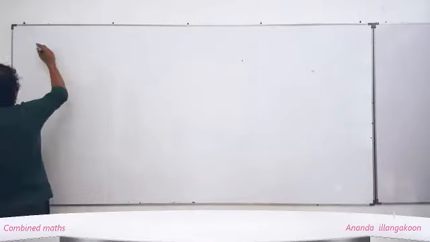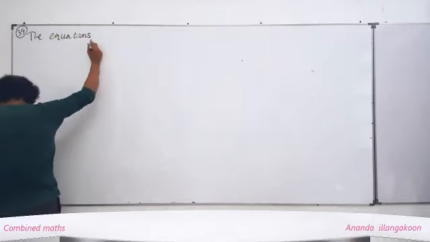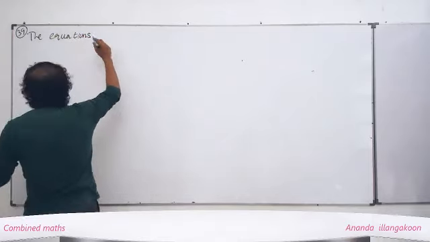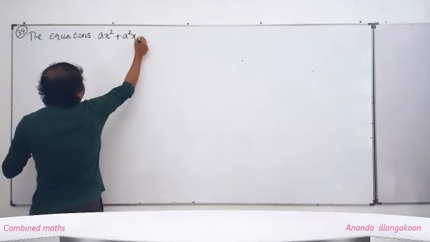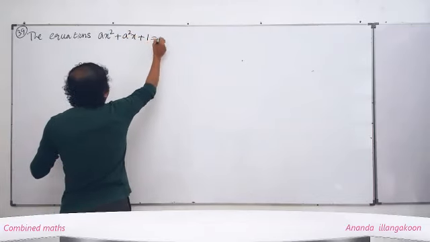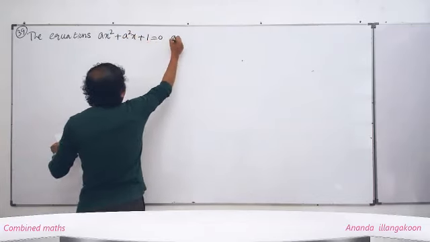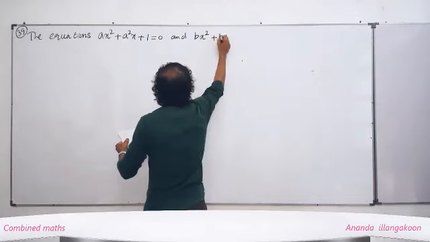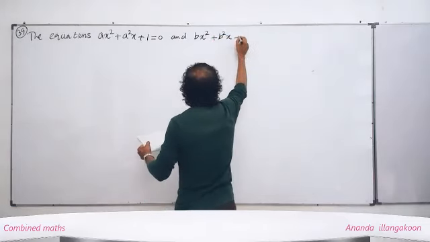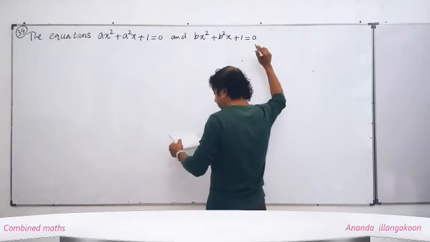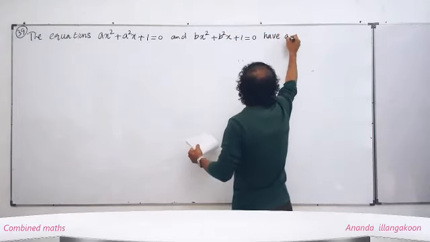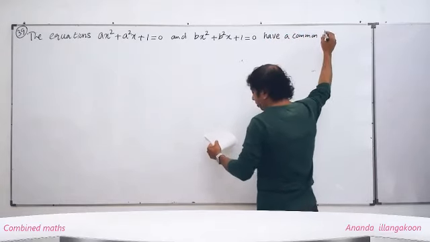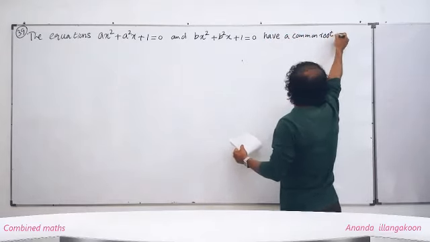The equations ax squared plus a squared x plus 1 equals 0 and bx squared plus b squared x plus 1 equals 0 have a common root.